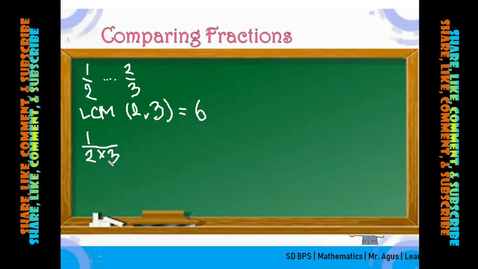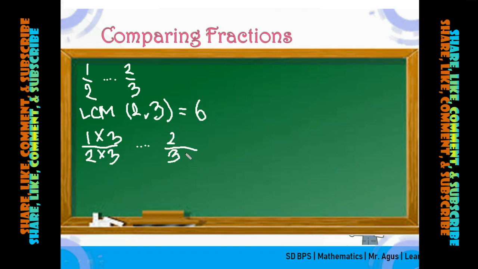If you multiply by 3 for the denominator, you have to do same thing with the numerator. So multiply the numerator by 3 also. And then 2/3, the denominator is 3.